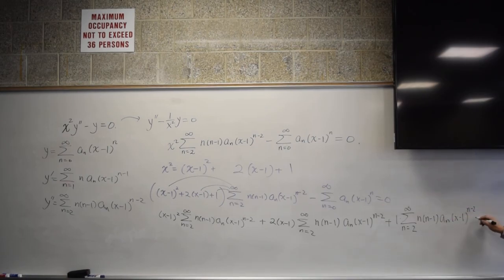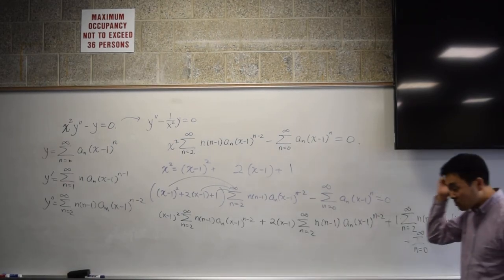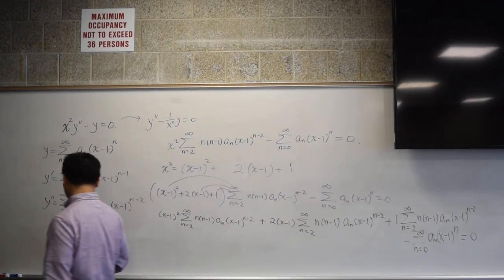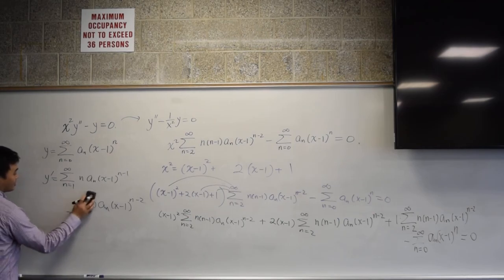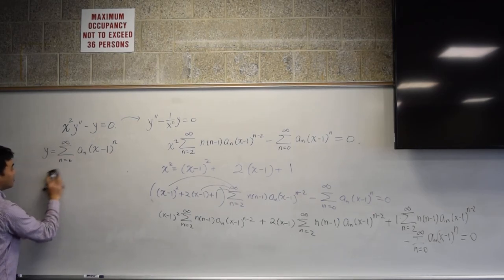And finally this thing, minus sigma n equals 0 to infinity of a_n (x minus 1)^n. So you have a total of 4 terms. It's a lot. And let's continue.